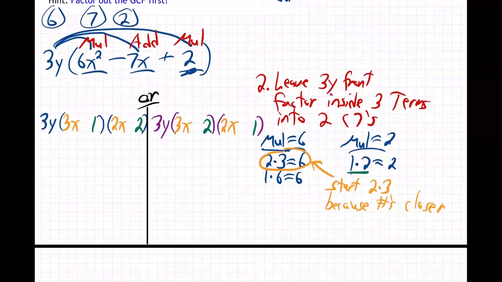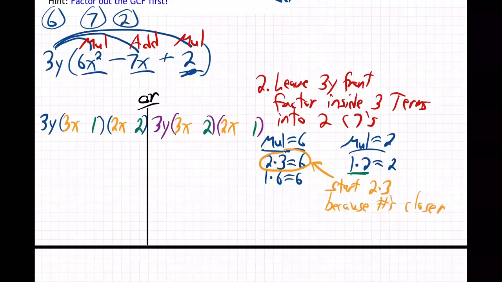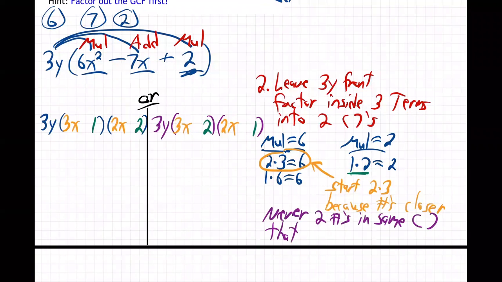Okay, now a second shortcut rule. Let me help you with another shortcut rule here. Never have two numbers in the same parenthesis that have anything in common.